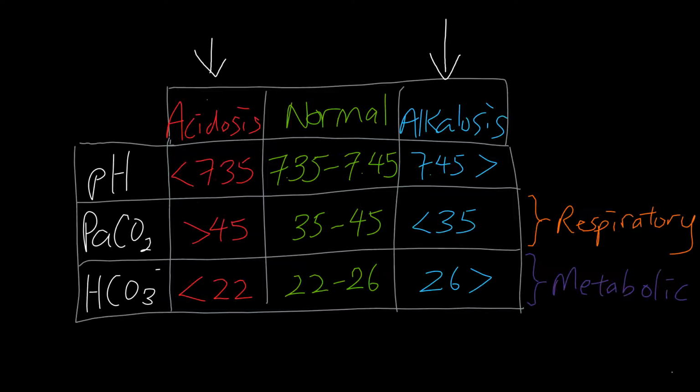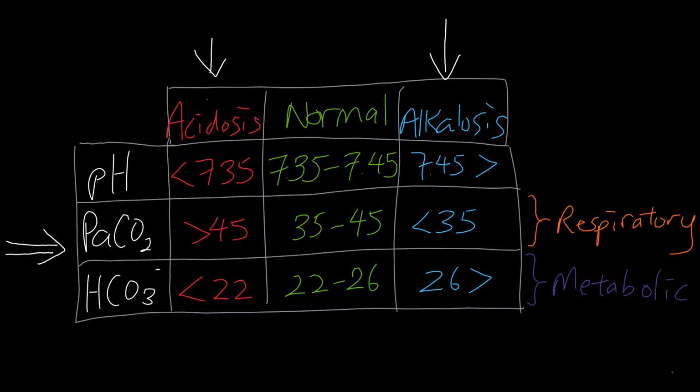The next column we see is PaCO2, which measures the partial pressure of carbon dioxide in the artery. This column tells us whether it is respiratory related. If the number falls between 35 and 45, then it is considered normal.